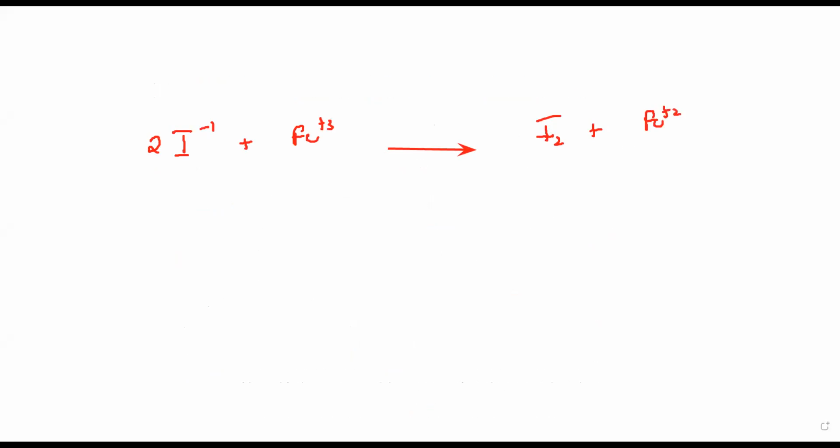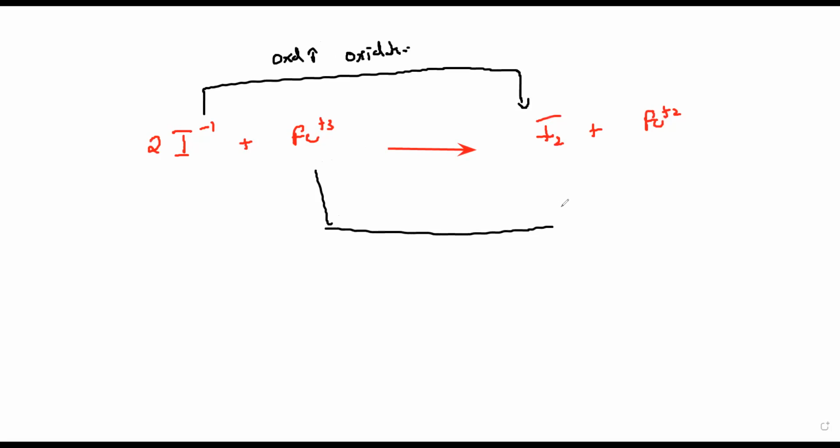So when we work out this equation, iodide ion is changing into iodine molecule, so oxidation number is increasing. We call that oxidation. And iron 3 turns into iron 2, so oxidation number is decreasing. We call that reduction. And the substance in which reduction happens acts like an oxidizing agent.